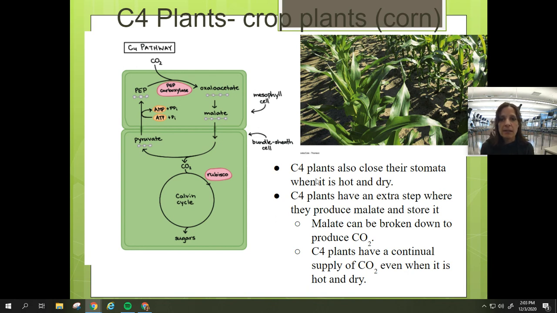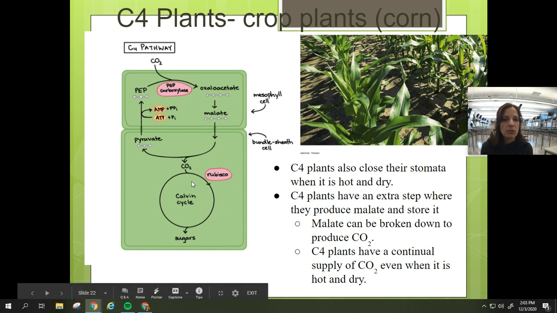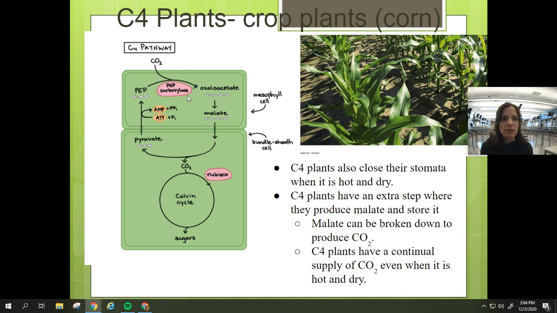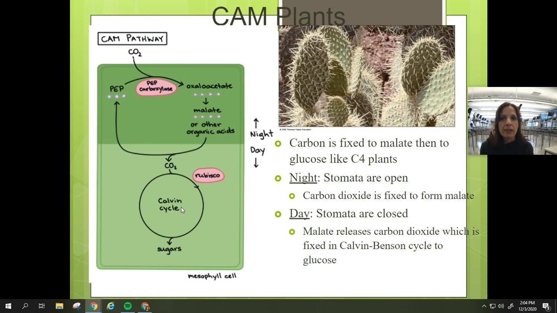So just like C3 plants, they close their stomata when it's hot and dry. And C4 plants have an extra step where they produce malate, and then malate can be broken down to produce carbon dioxide, which can then enter the Calvin cycle whenever it needs. So they have a continual supply of carbon dioxide because they store this chemical malate. So they just have an extra step that helps them so they don't have to do photorespiration.